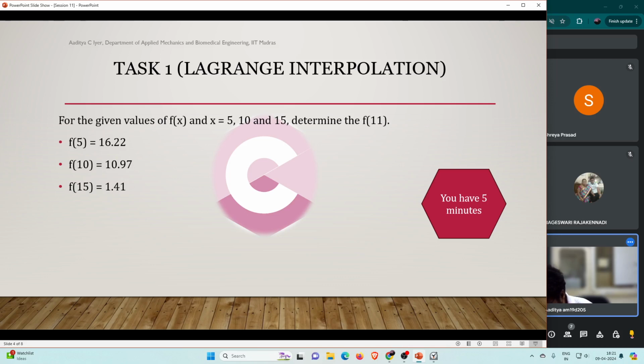I need f of 11. So if I use the formula here, what is the formula?